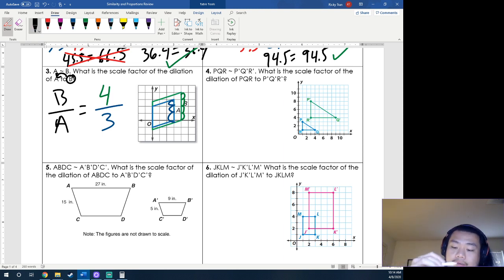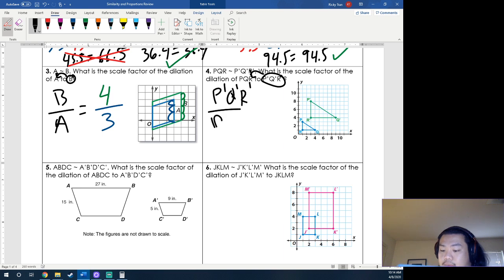Okay, so let's take a look at 4. All right, it says PQR is similar to P prime Q prime R prime. Makes sense. So it's going to be P prime Q prime R prime over P Q R. Again, we're just going to pick one side that we can easily count.